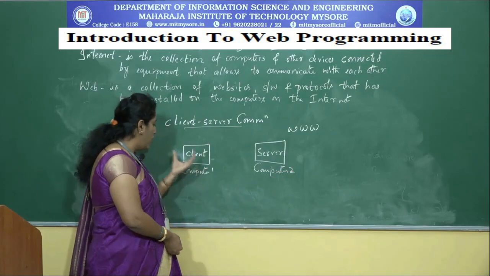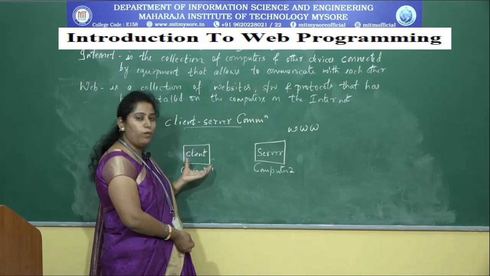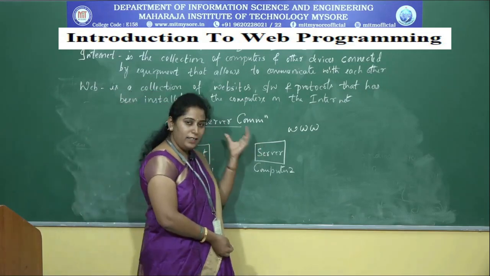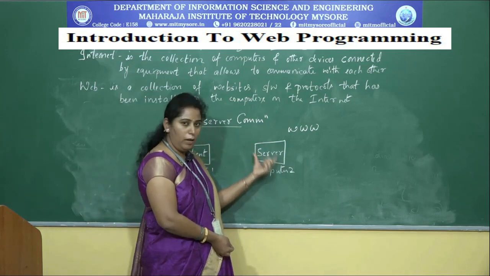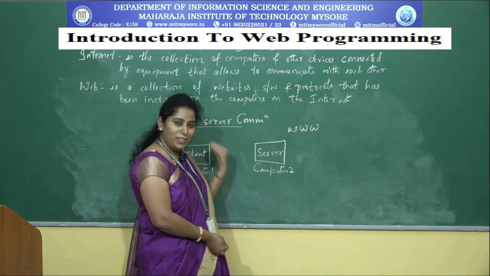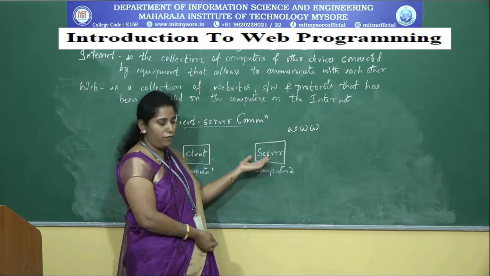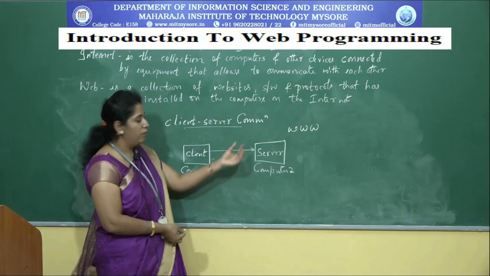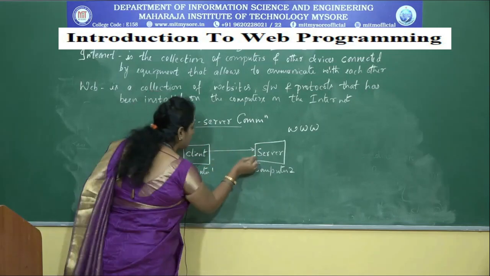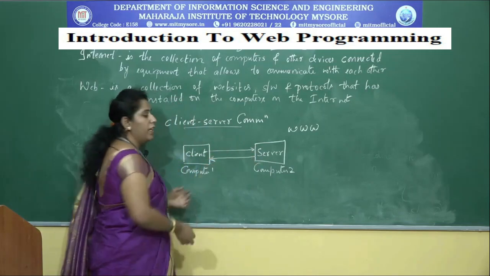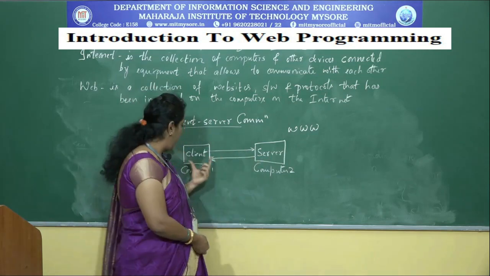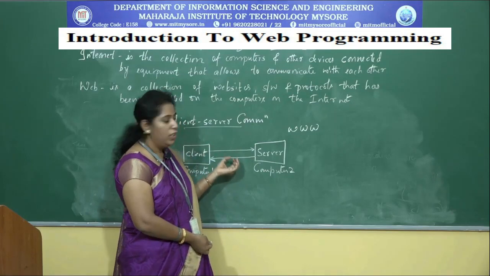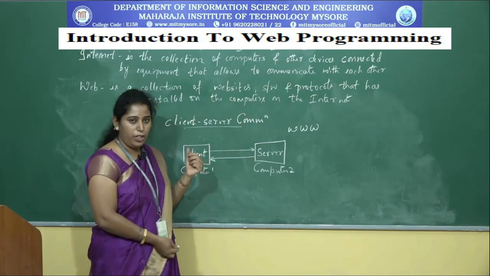The one who requests a service we call a client, and the node or computer which provides the service is called a server. Client requests the service from the server, and the server replies to the client by giving the required services. This is client server communication.